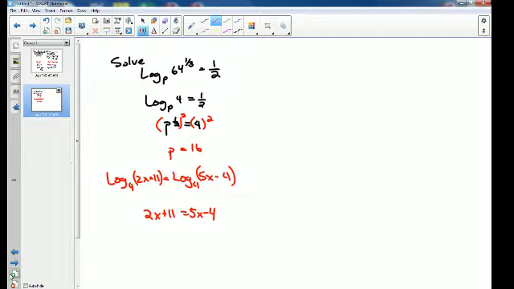How is that true? The log base is the same. These have to be the same if these are equivalent statements. And then you can solve that linear equation.